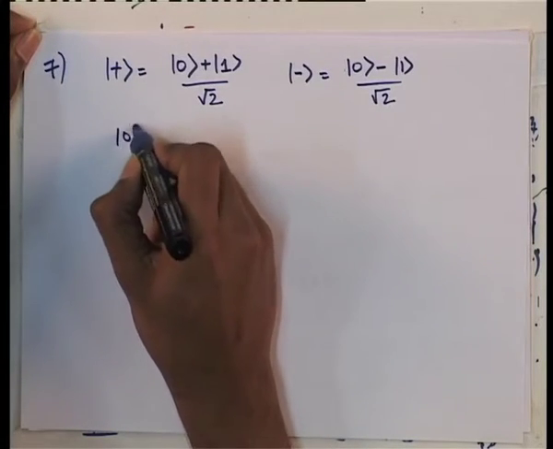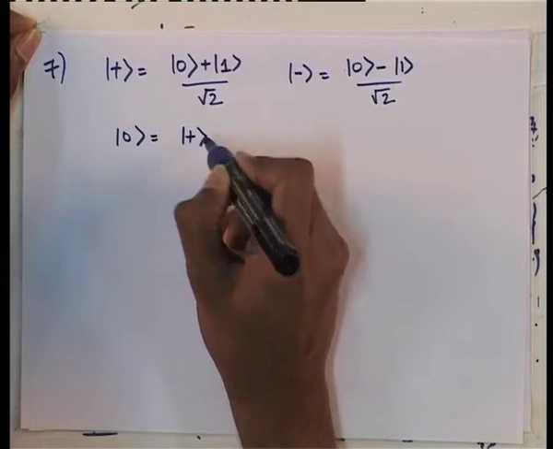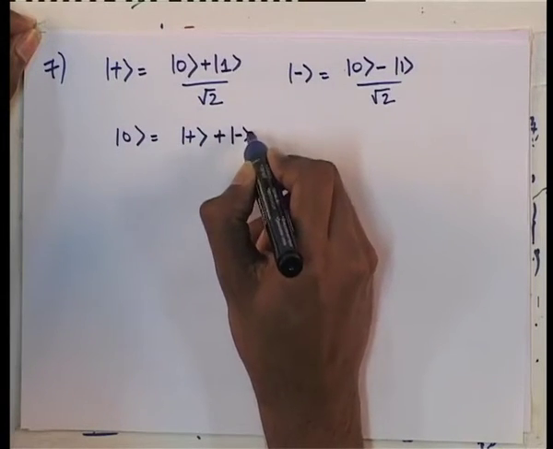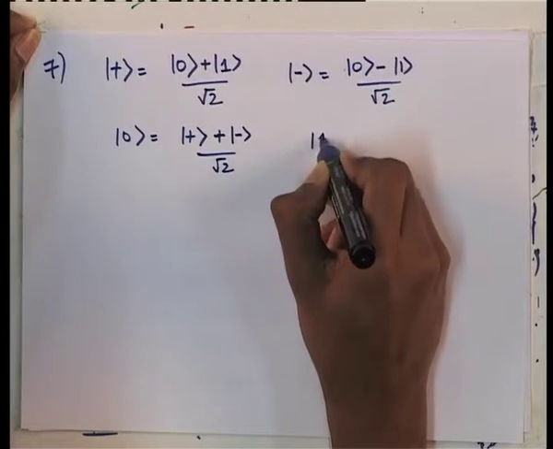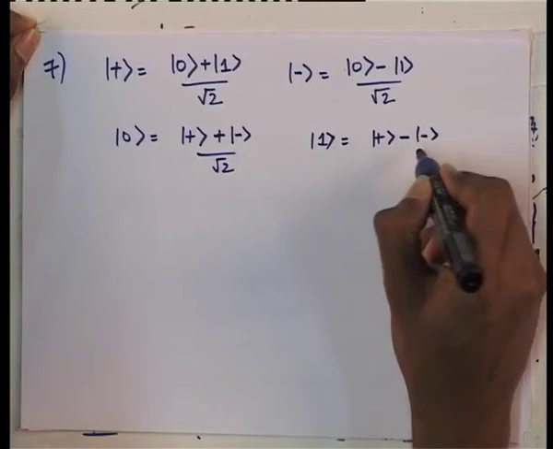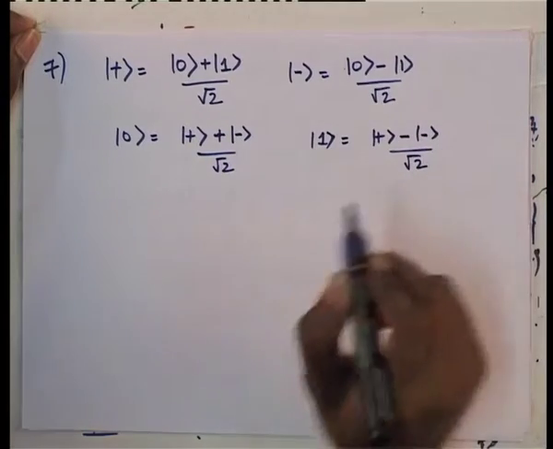So, 0 is plus plus minus divided by square root 2, and 1 is plus minus minus by square root 2.